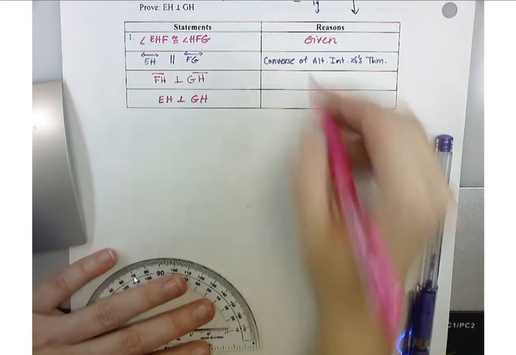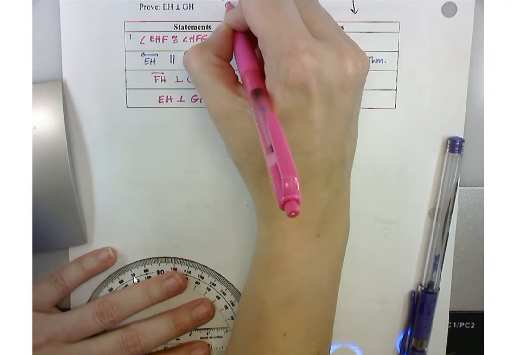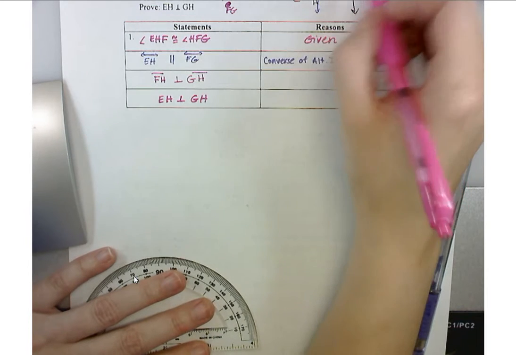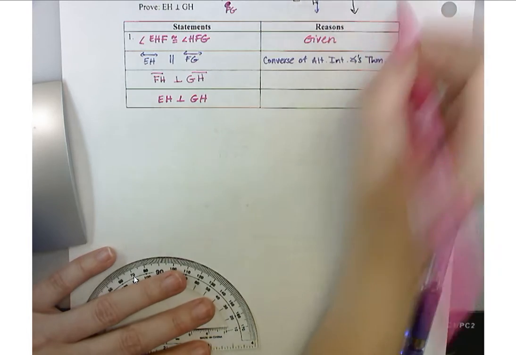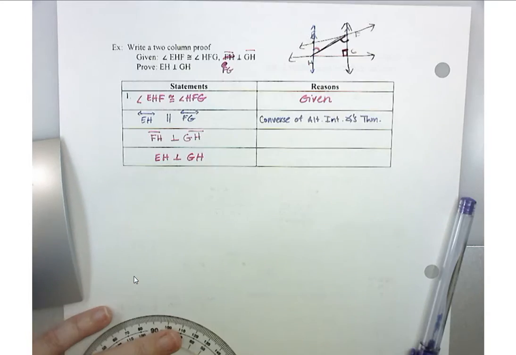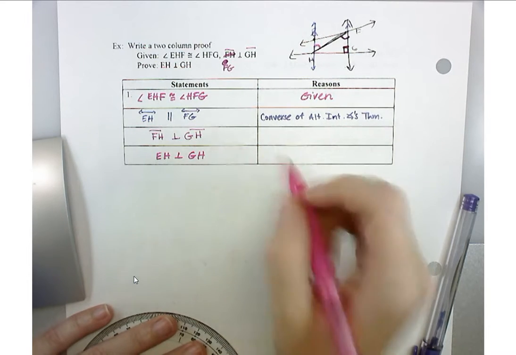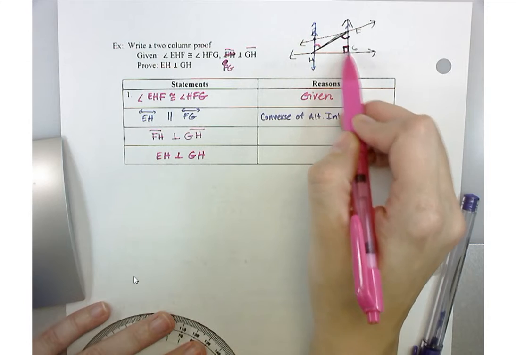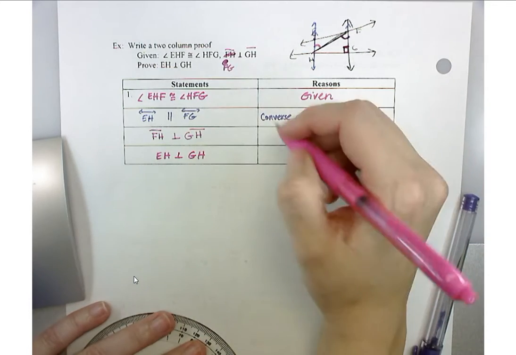Yeah, you have GH, this should be FG. Sorry. And because they have it right here in your diagram, you can't see the diagram. It's on the sheet. Thank you. I just highlighted it, so like your FG and your GH. So again, that one was given.